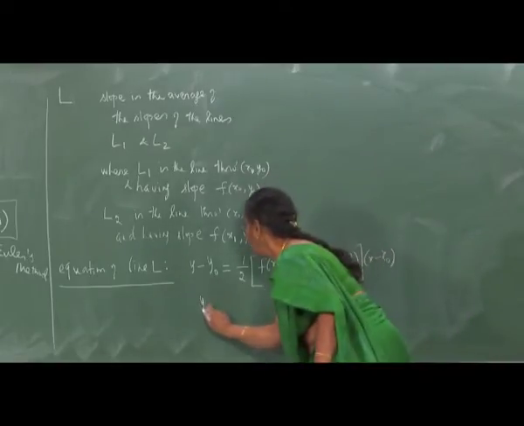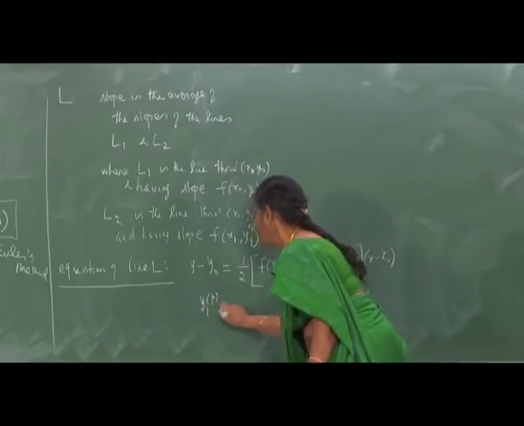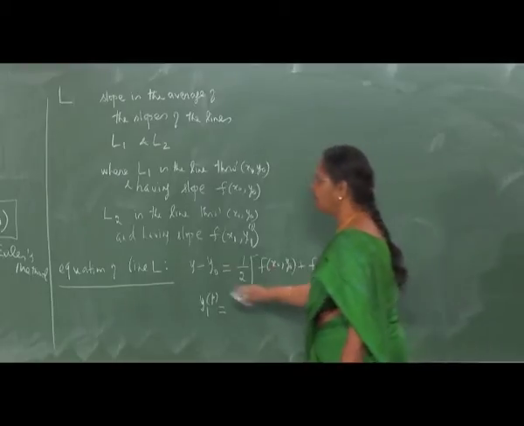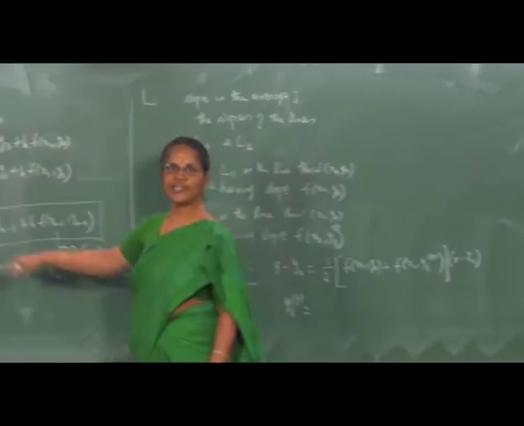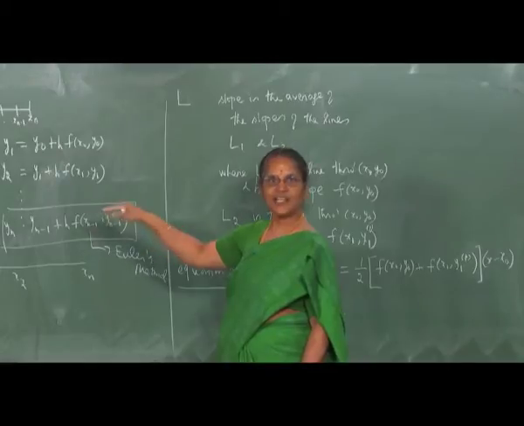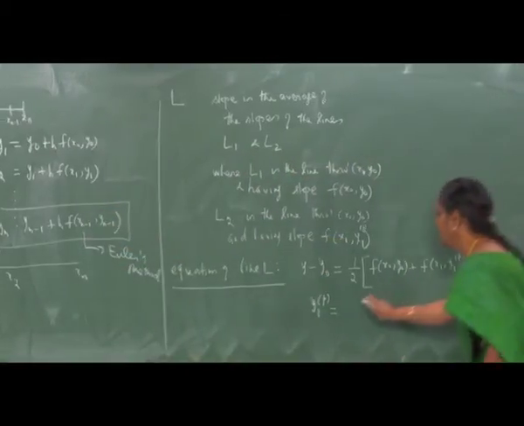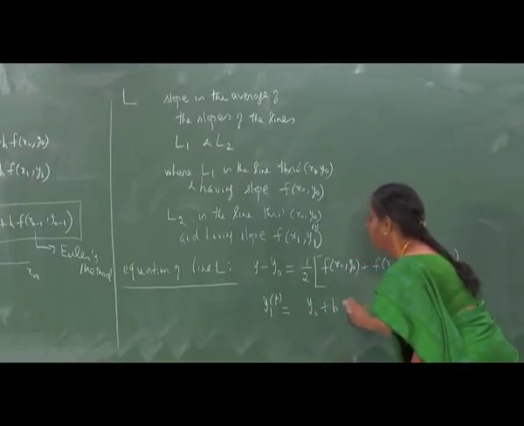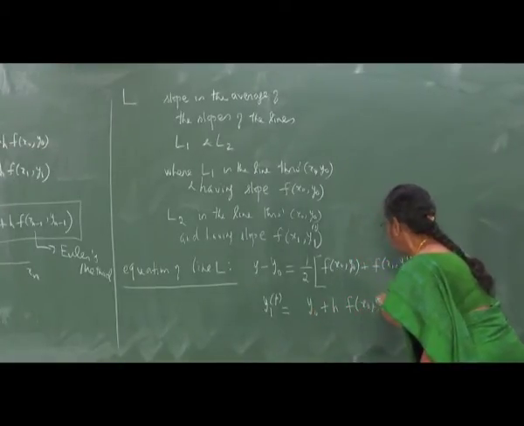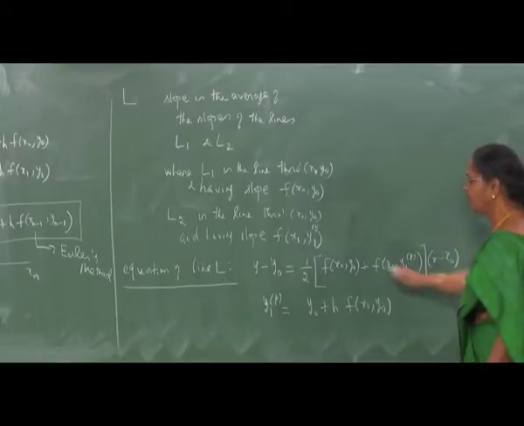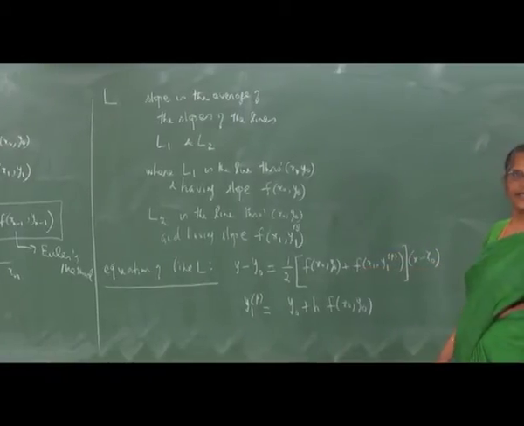What is this y1 predicted? You go back to Euler's method. You predicted that y1 using Euler's method. It is y0 plus h into f of x0, y0. So, this is the equation of the line.